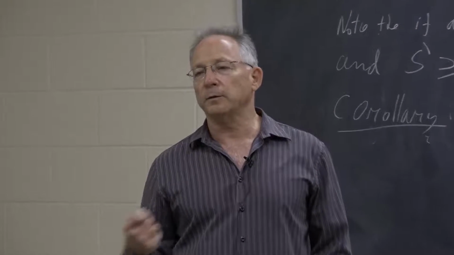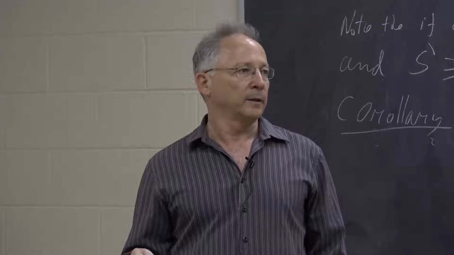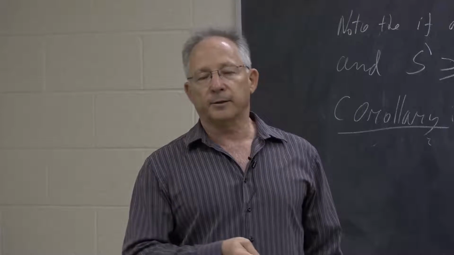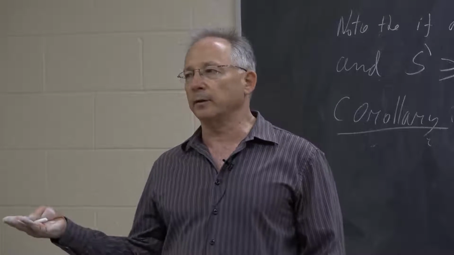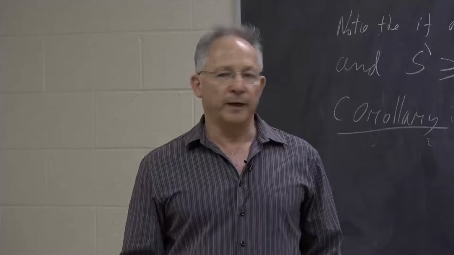So if you want to show that a certain set is not adequate, we work by generalized induction. We have to find a property that is common. We'll prove by induction that this property is common to everything you can generate, and then find a function that fails that property.